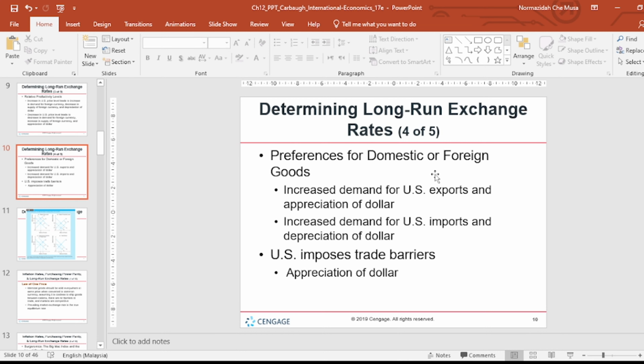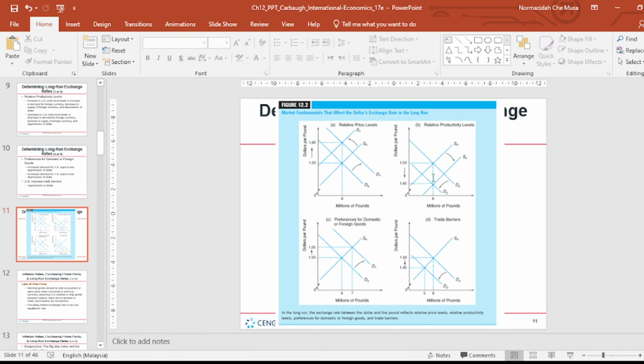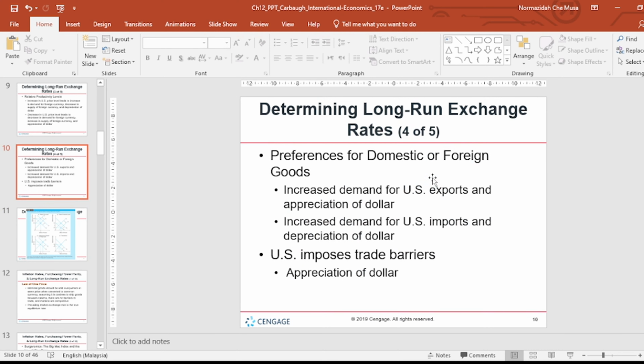Working. Yeah. So we're going to learn about the determination of exchange rate in the long run, and then after this, in the short run. Check.